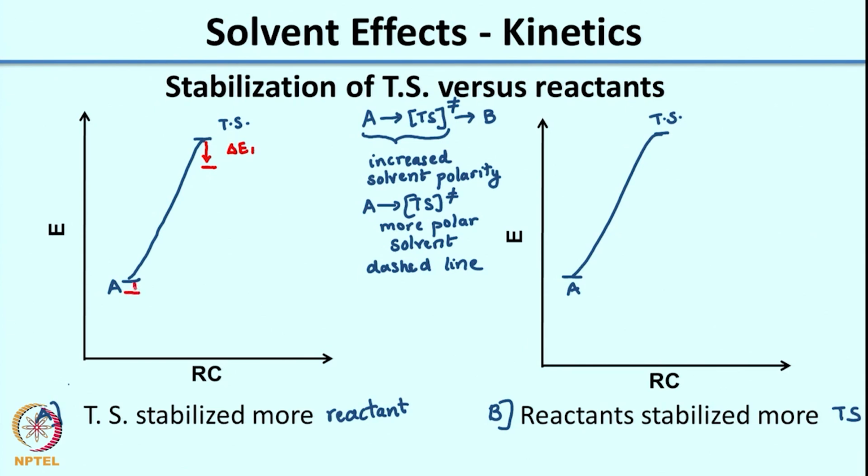So, when you say transition state is stabilized more, what you essentially need to draw is delta E1 greater than delta E2. In the other case, the reactant is stabilized more. So, in this case delta E2 will be greater than delta E1. So, this is a smaller drop.